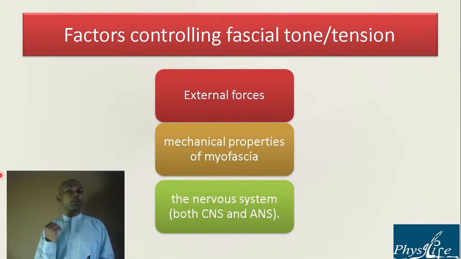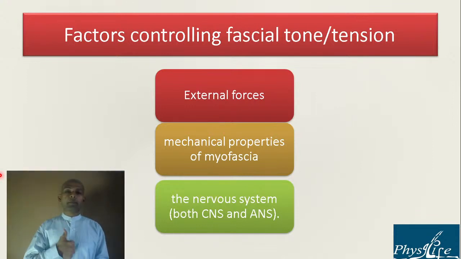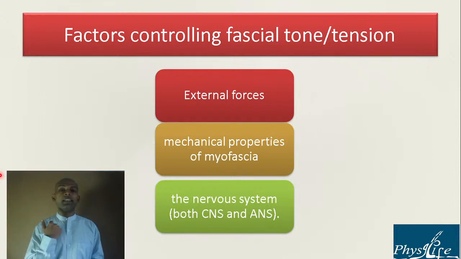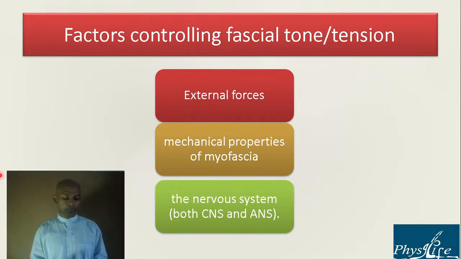If the muscles have a good length tension relationship, the posture will be good, and the dynamic posture, that is the movement, will be good. So then what are the factors that change or control or contribute to the tone or tension of the muscle fascia?